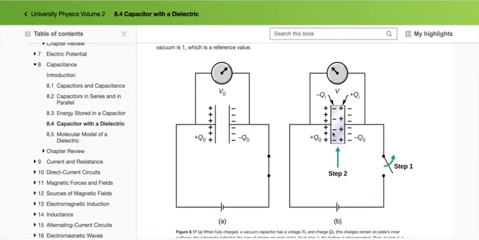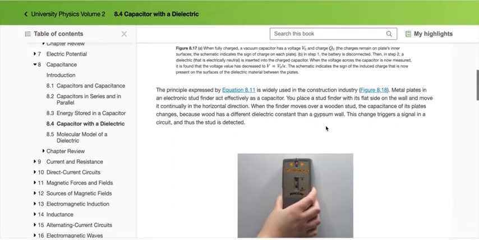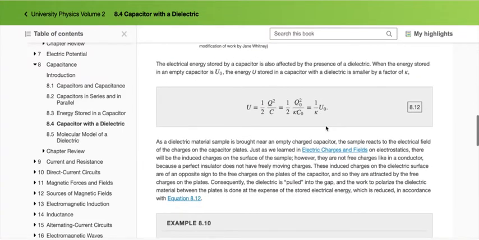So we've got our regular old capacitor with a vacuum in there. We stick a dielectric in there that creates an electric field that points in the opposite direction, which overall decreases our electric field. So for the same voltage now, we can pump more charge on here.